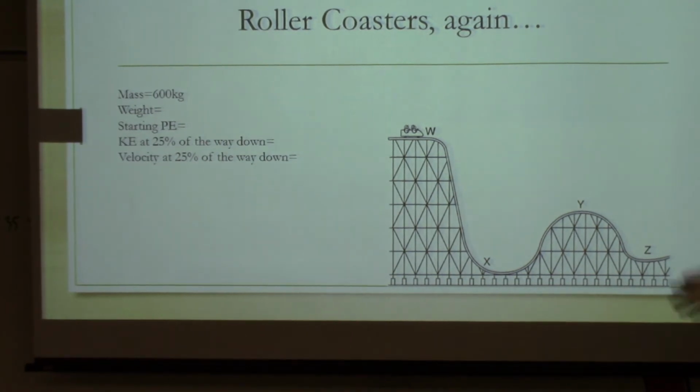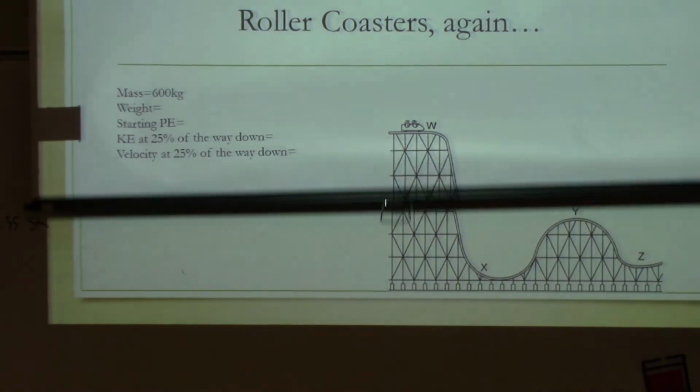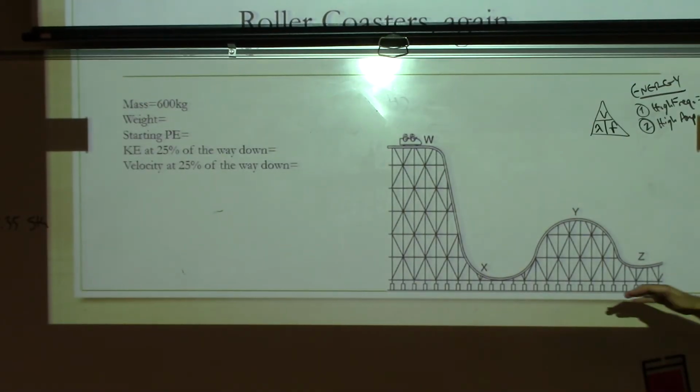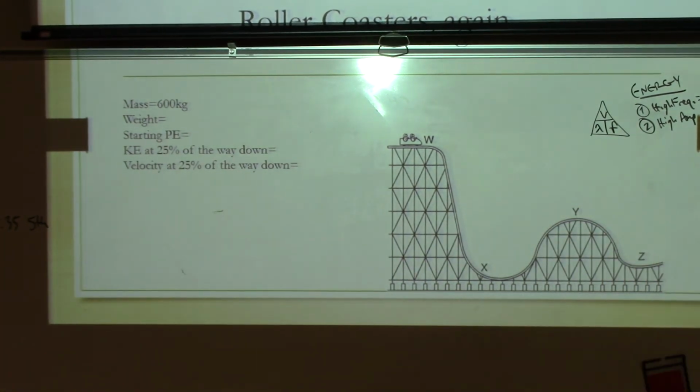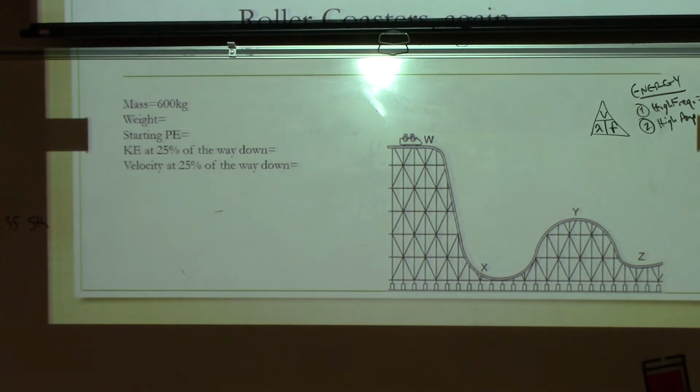Okay? So here's another situation, same image, just looking at this. So understanding mass and weight. If my mass is 600 kilograms, what's my weight going to be? Wait, can I use a calculator? Sure. You can also just roughly estimate. 60. Wait, 60.